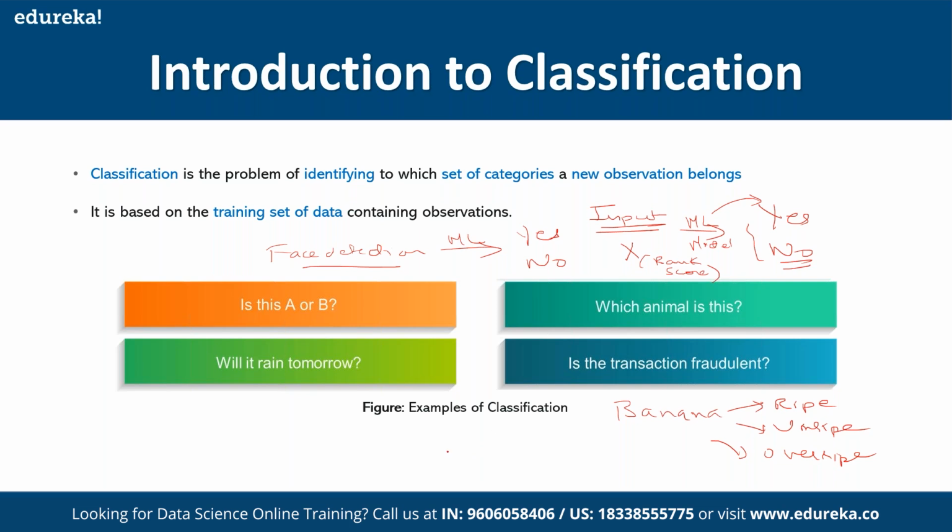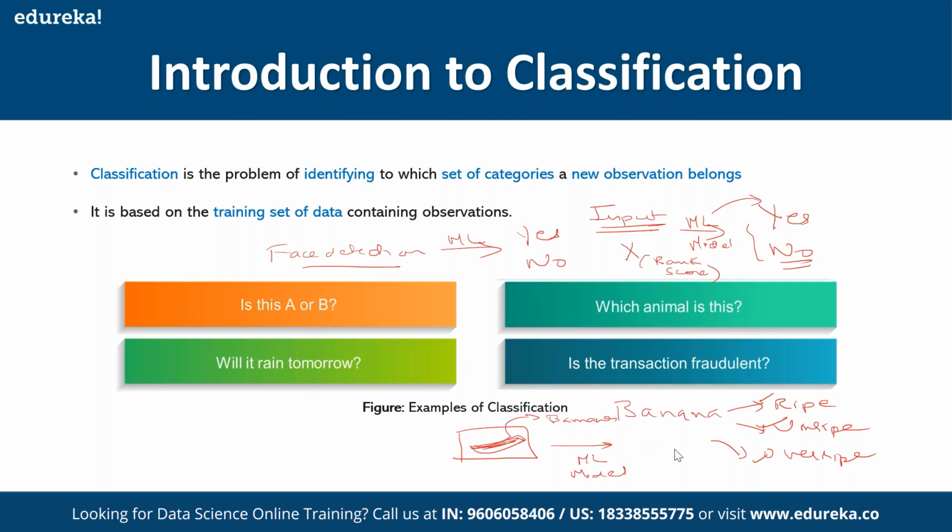My input to that machine learning model was a picture of a banana. Sorry for the bad drawing. Let me write it, otherwise you will not understand that it's a banana. Now I feed it to a machine learning model. It needs to tell me whether this banana is ripe, unripe, or overripe.